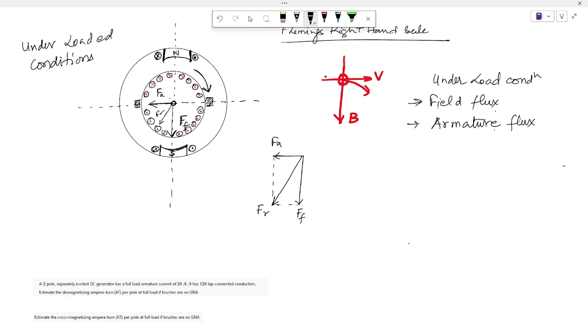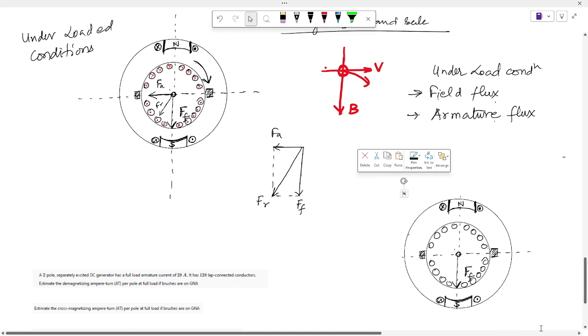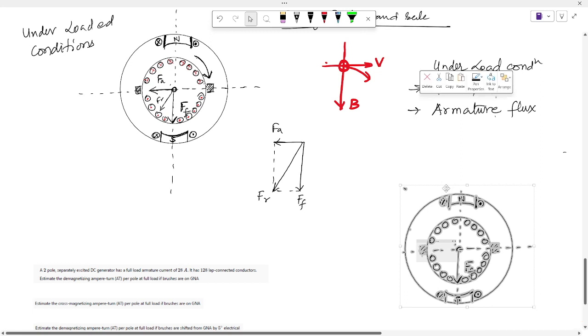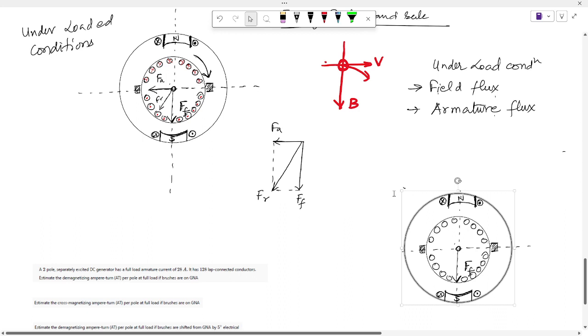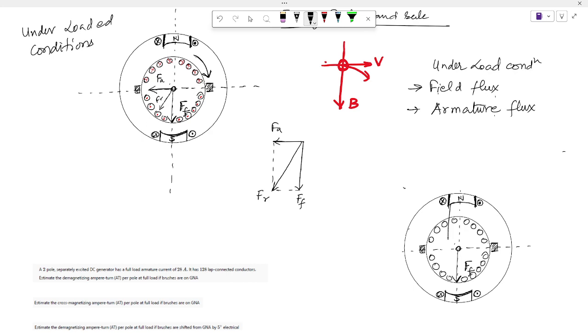Initially, under unloaded condition, the flux lines were going like this for the armature.